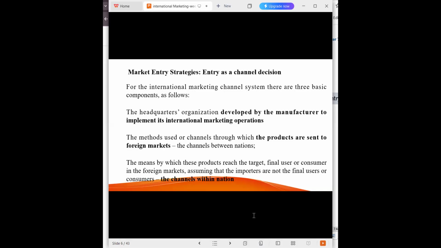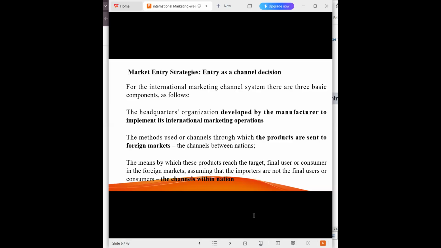Third, the means by which this product will reach the target final user or consumer in the market, assuming that the importers are not the final users or consumers. So that is channel within nation.